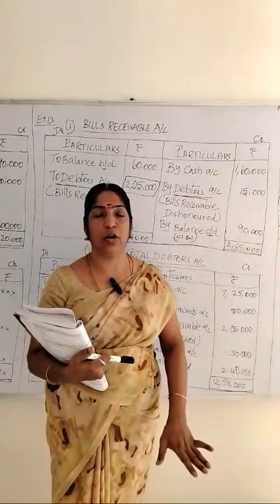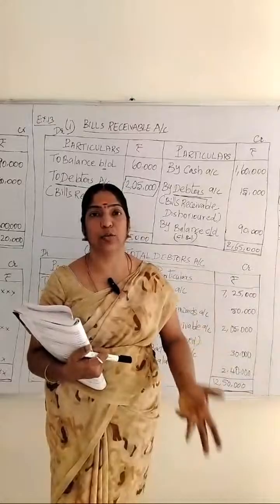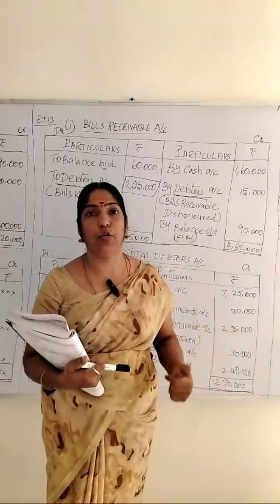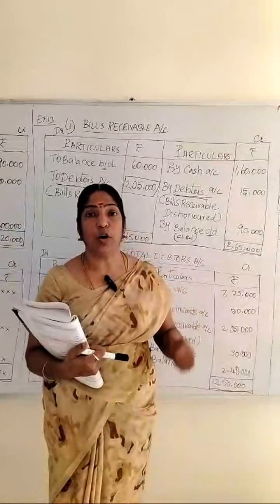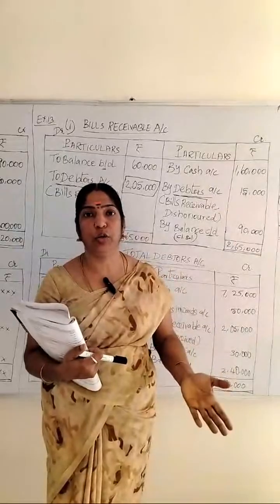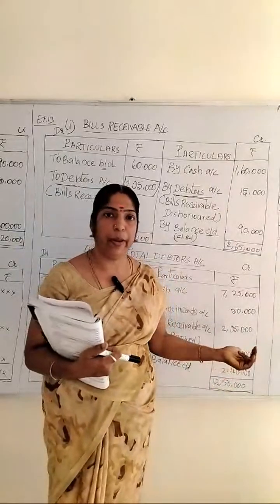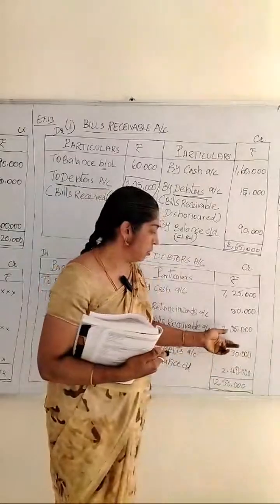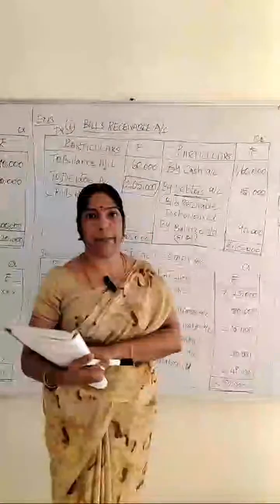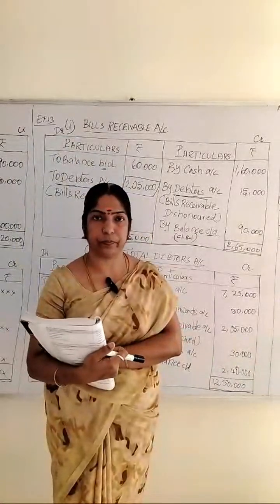He is not ready to pay immediately. He does not have enough money to pay, so he promises to pay later, say for example 75,000 rupees.